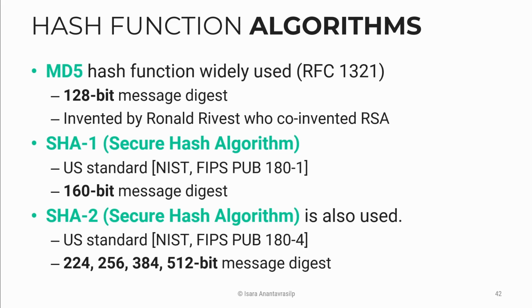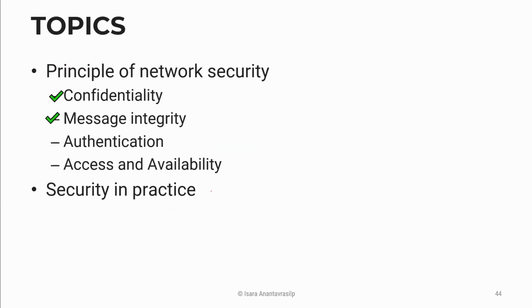SHA-2 has been introduced in 2001. In 2015, NIST introduced another one, SHA-3, which is the newer version, but they are not going to say SHA-2 is being deprecated. They just introduce that you can use SHA-2 or SHA-3, which is a newer one.